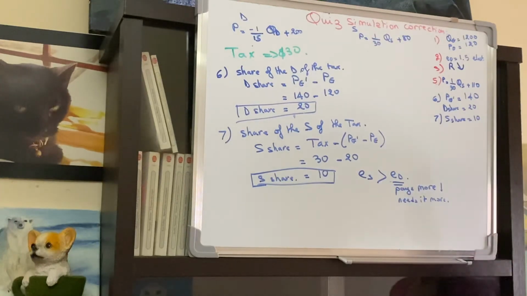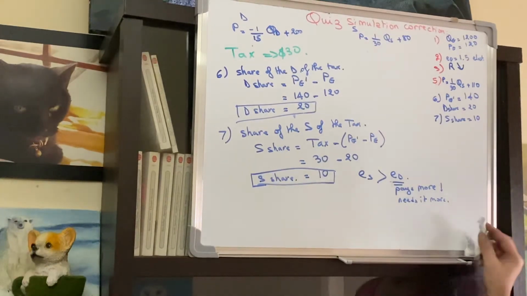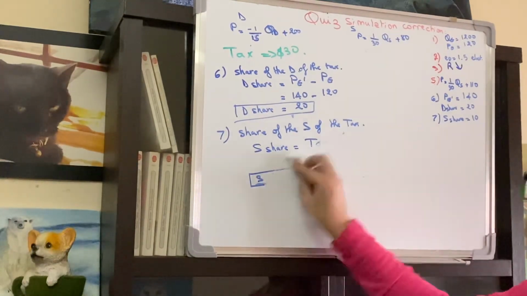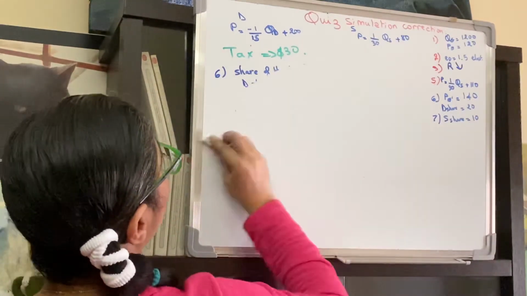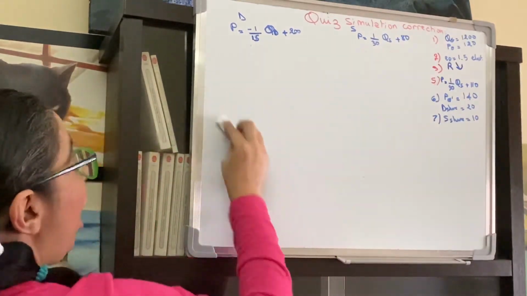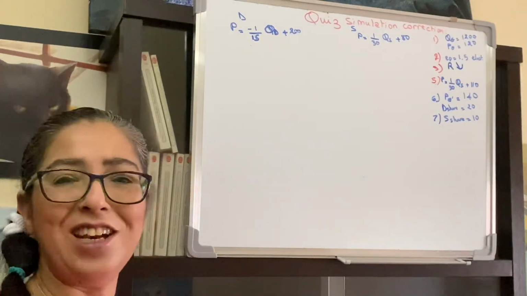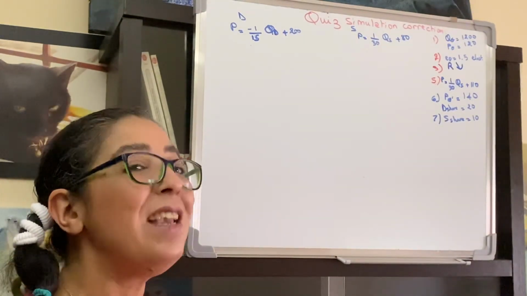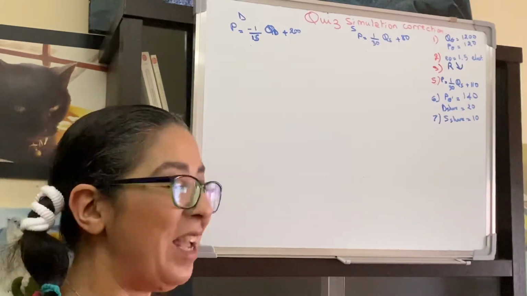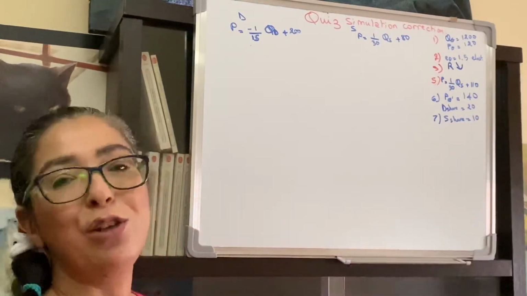Okay, now I missed a question, question 4, so I'm going to do it right now. I'm going to erase. Question 4 that I forgot. And actually it's good that it's here, you're going to find that the supply is more elastic than the demand. It's a proof of what we have just said.